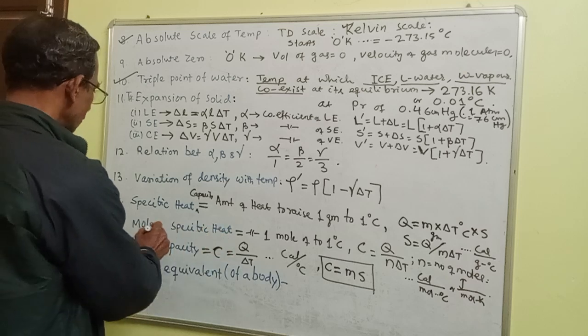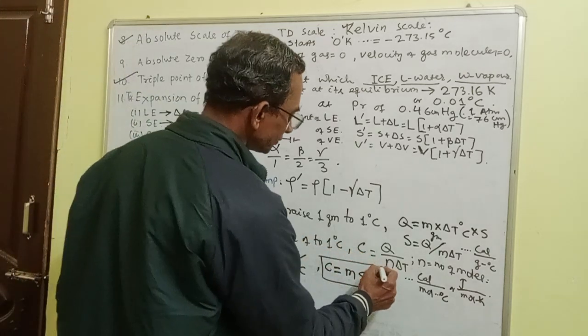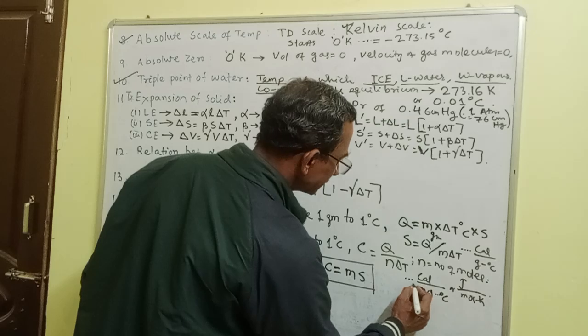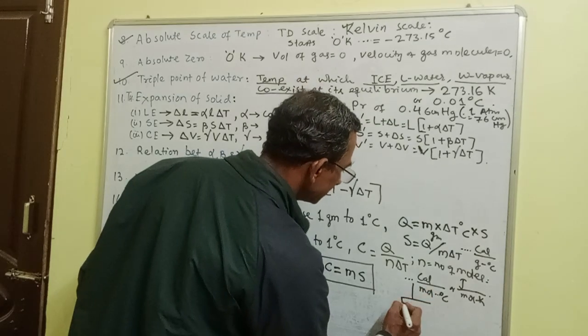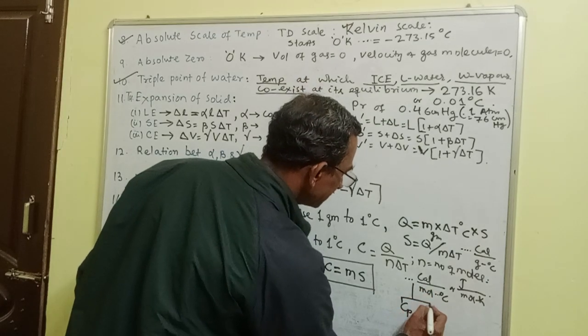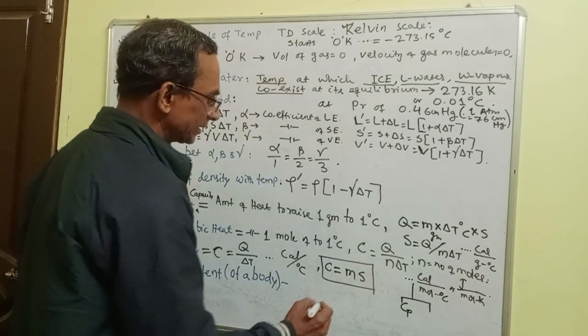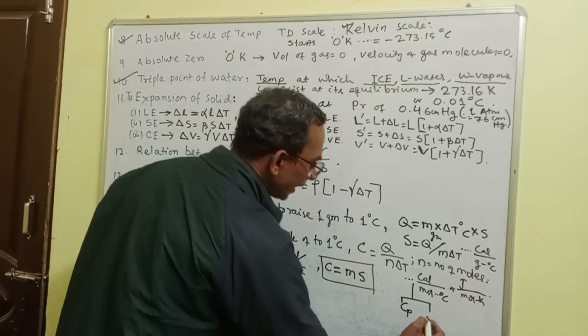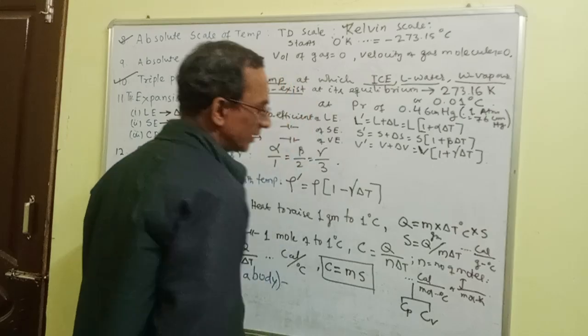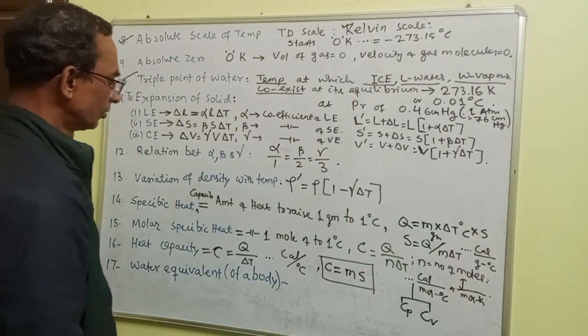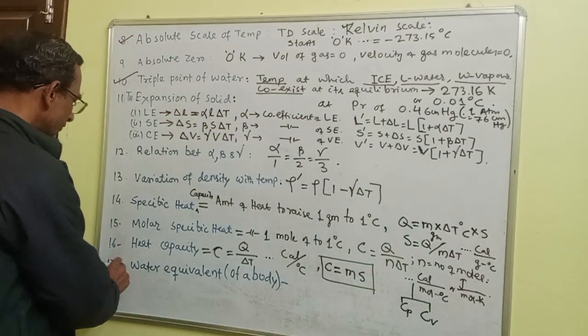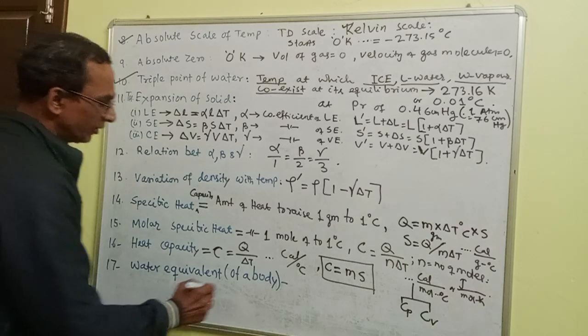Now this molar specific heat C has two values. Cp is the molar specific heat at constant pressure, and Cv is the molar specific heat at constant volume. Next point is, what is the water equivalent of a body?